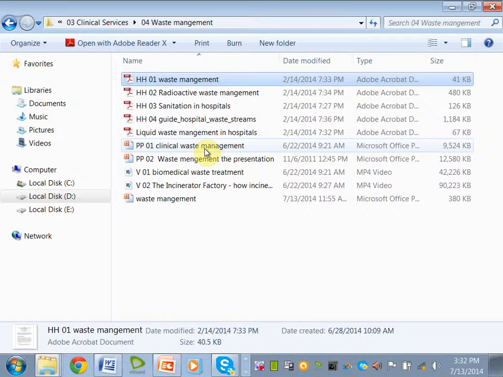And if you take the solid waste, there are different nomenclatures, but for the benefit of us as administrators, you have general waste, you have clinical waste, and you have hazardous.